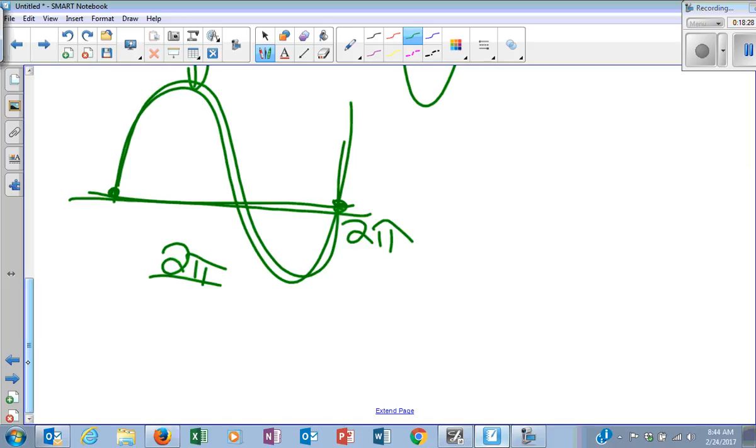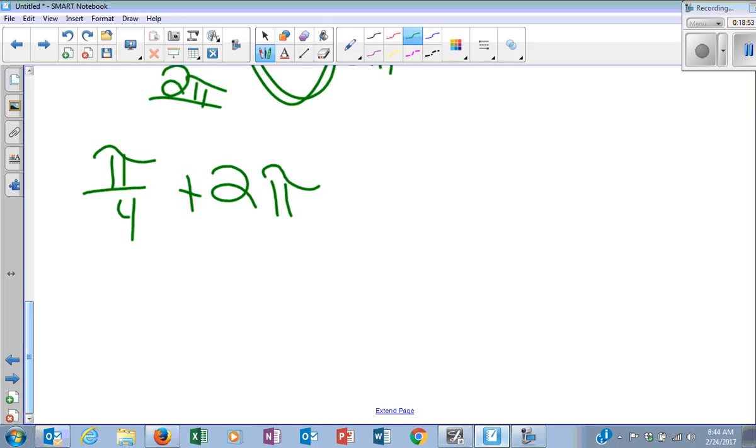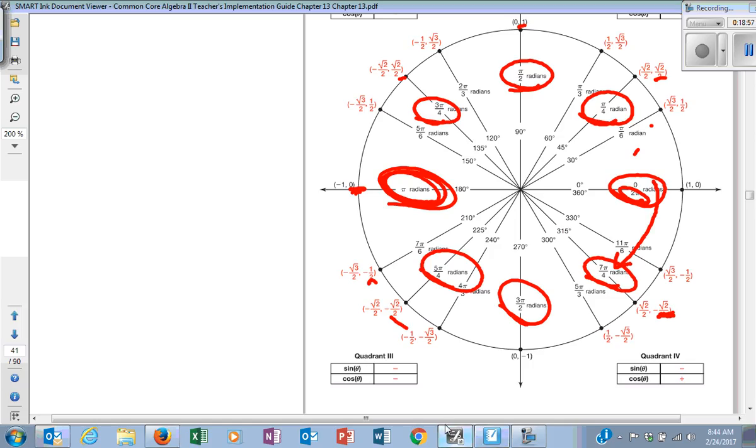Last thing I need to talk about. Give me time. If I wanted pi over 4, and I wanted it at the same location, can I just add 2 pi to it? So if I go like this, I go back here. I want to be at this location right here.